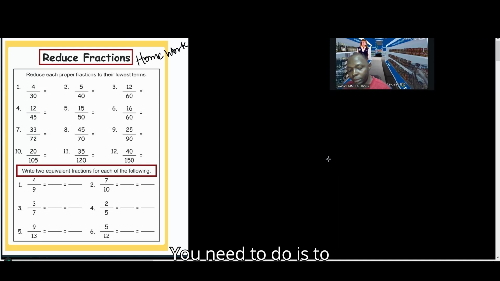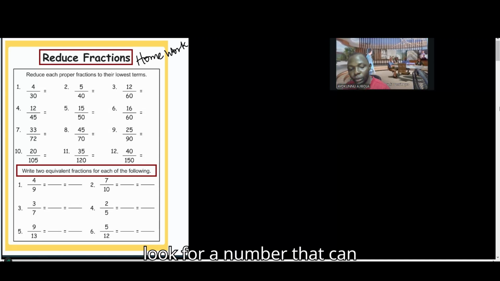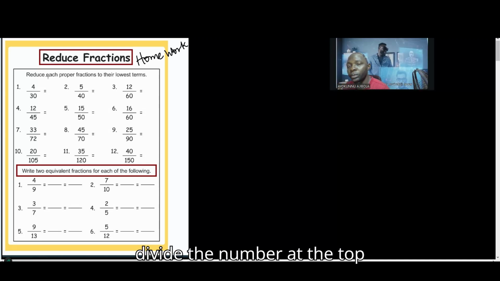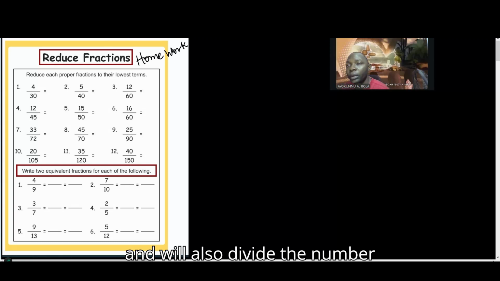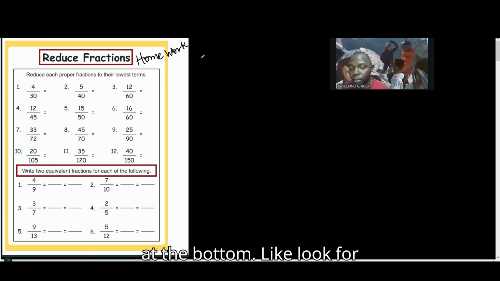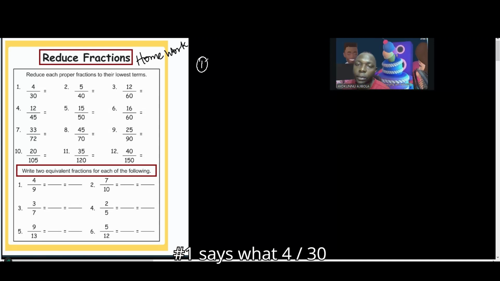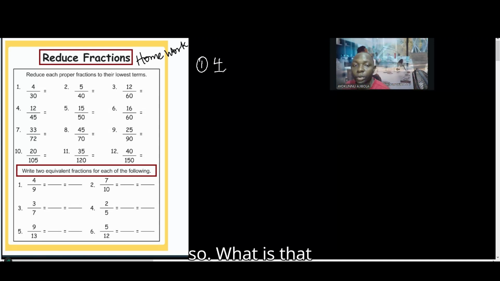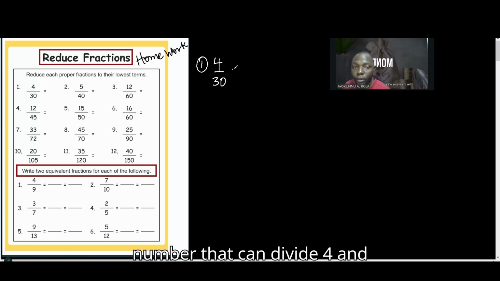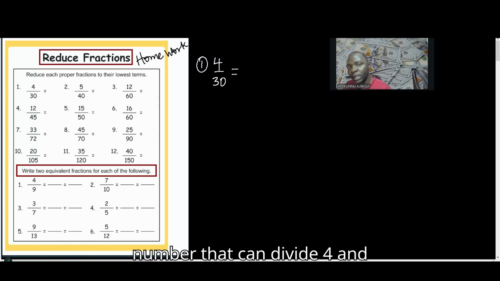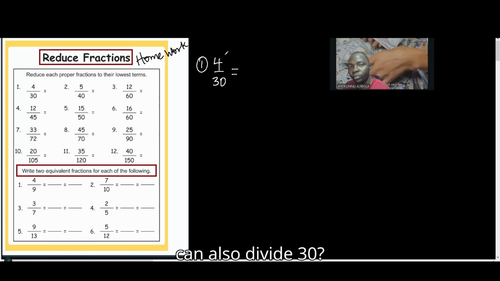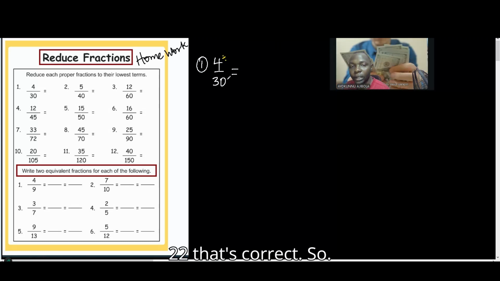So, in an attempt to do that, what we need to do is to look for a number that can divide the number at the top and also divide the number at the bottom. Like, look for common factors, highest common factors. So, number one says what? 4 over 30. So, what is that number that can divide 4 and can also divide 30?